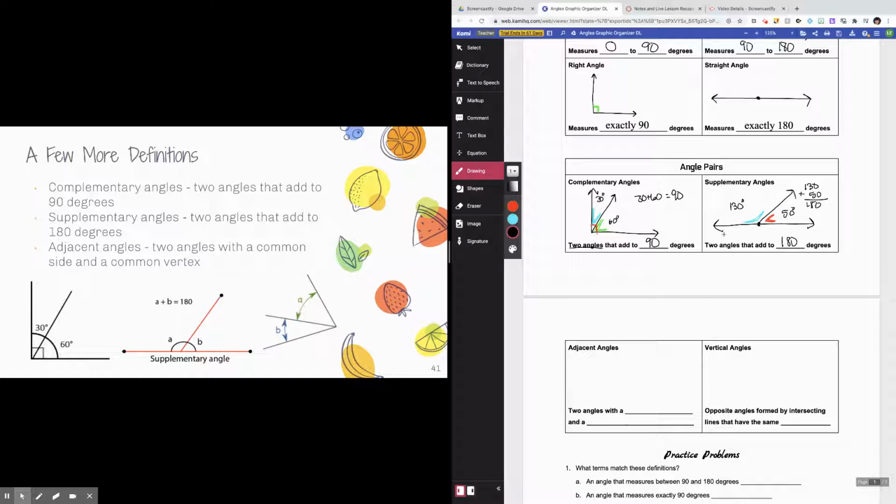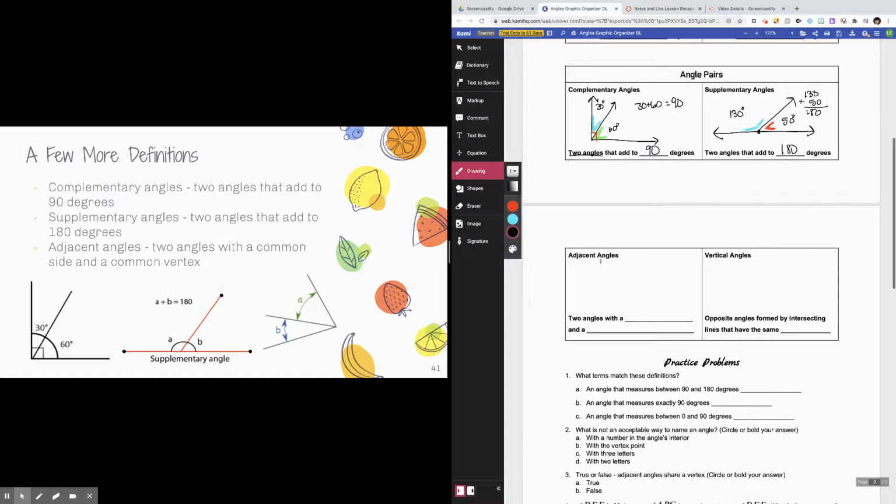So they kind of follow the same path. Another way you can think about it is if you're giving someone a compliment, usually they're an upstanding citizen, straight, right usually. So right angle, 90 degrees. So complementary is 90 degrees, supplementary is 180 degrees.